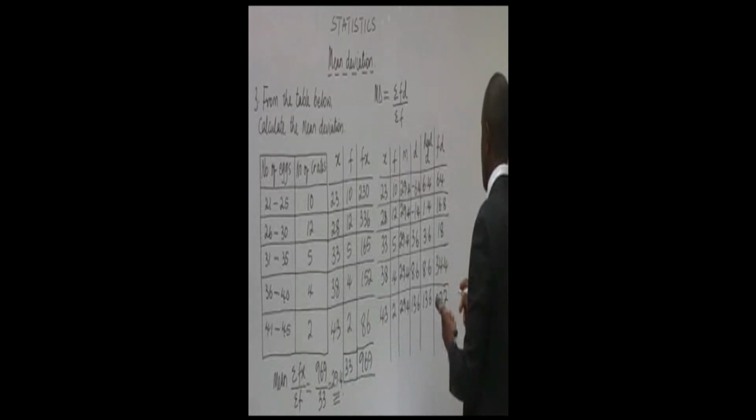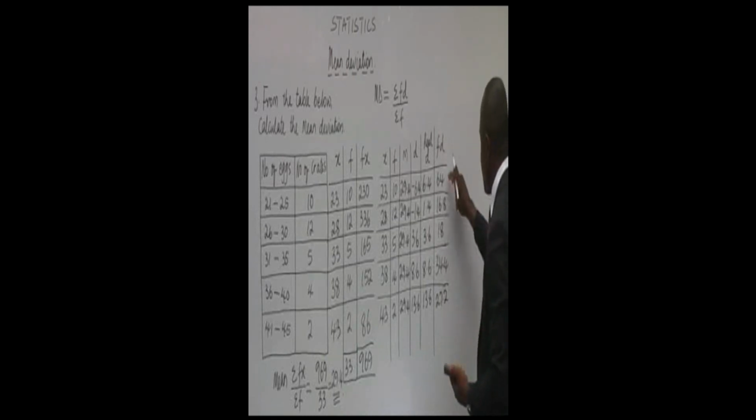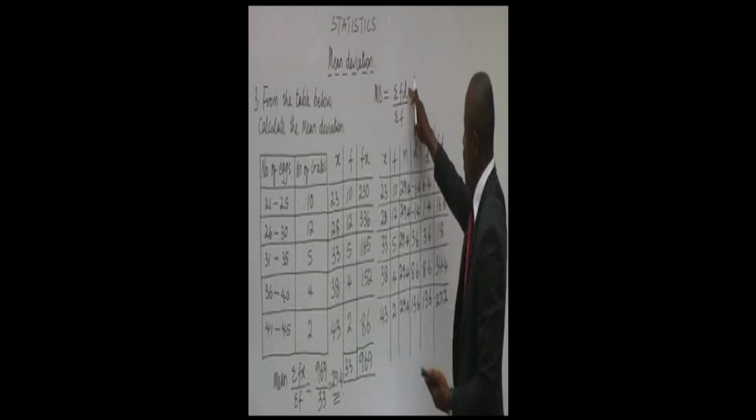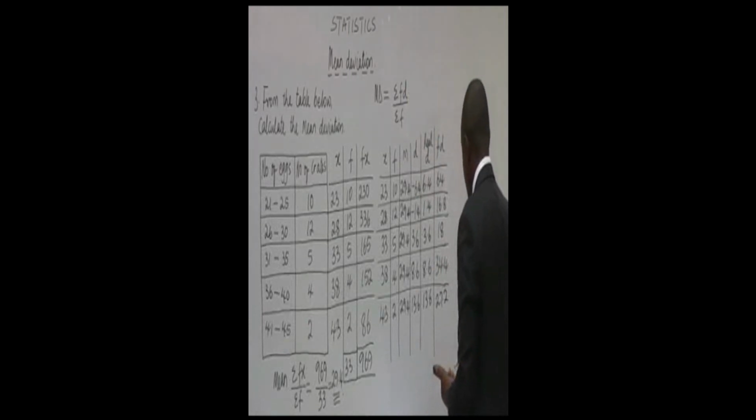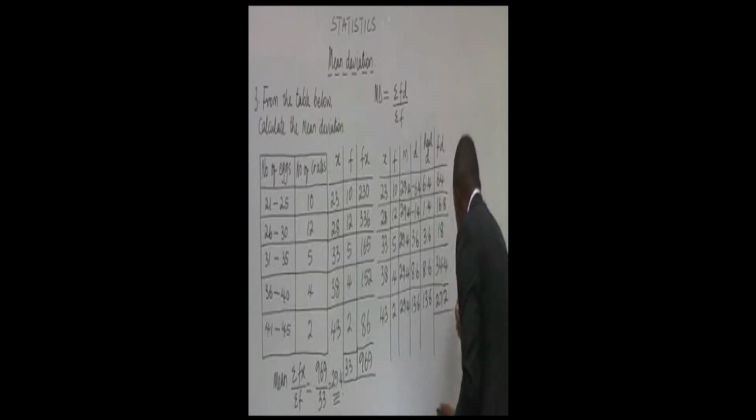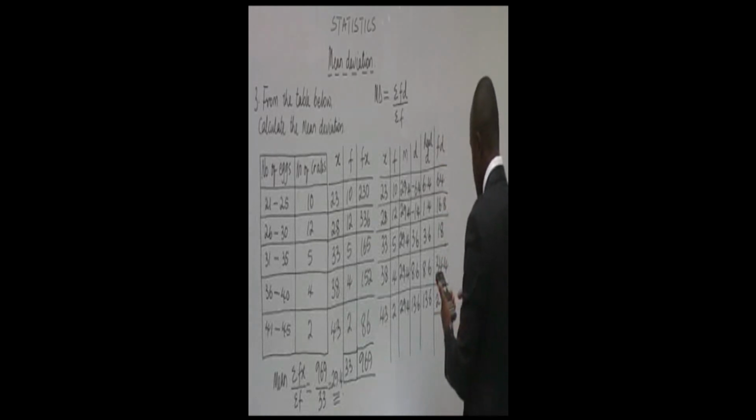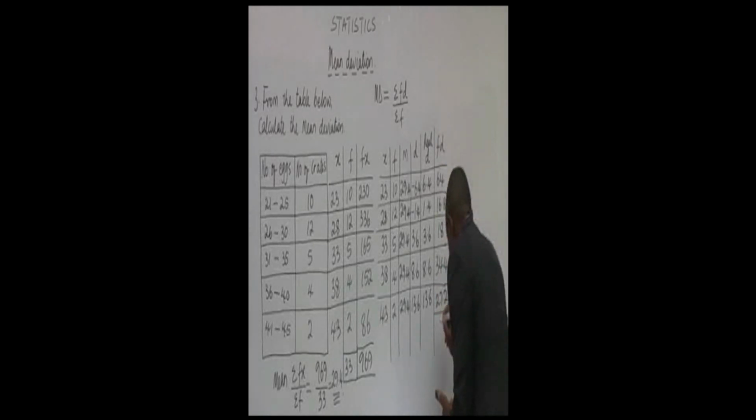The next thing we find now is the sum of this FD, because that is what the formula requires of us. So we add up this FD. It's giving me 160.4.